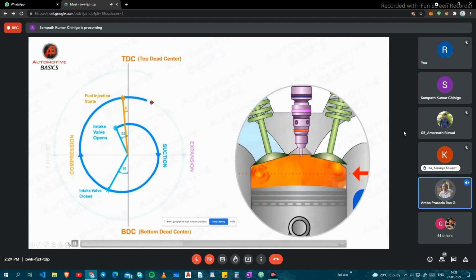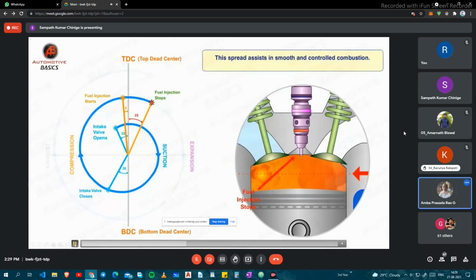There is some finite time of fuel injection, and heat addition also does not happen instantaneously. There is a definite period. To take care of all those things, and since the fuel has to be brought to the fine form of a spray, it takes some time. So you start injecting the fuel before TDC.